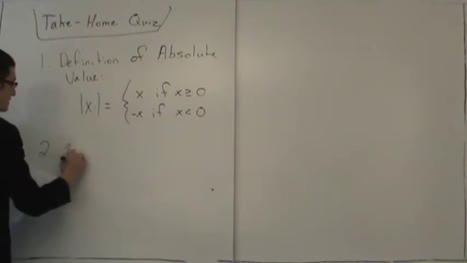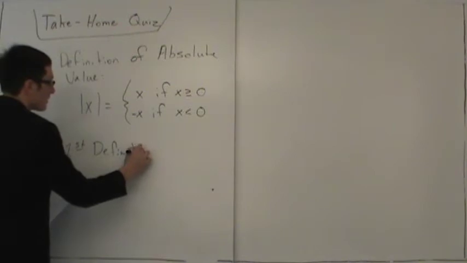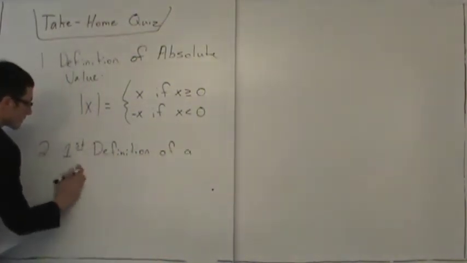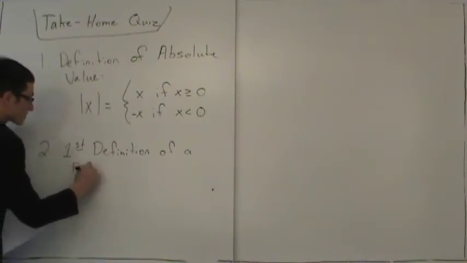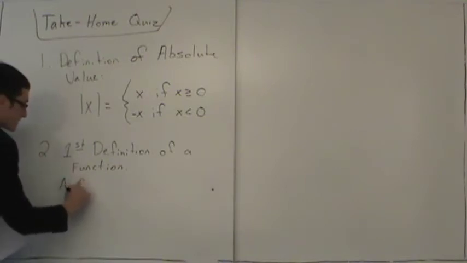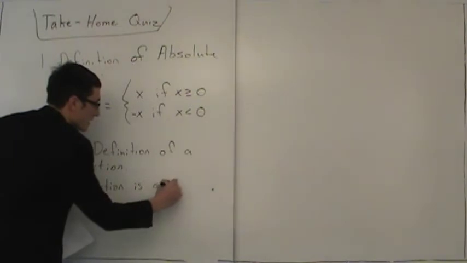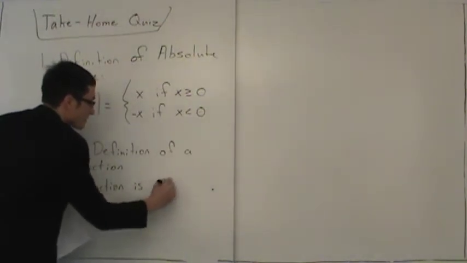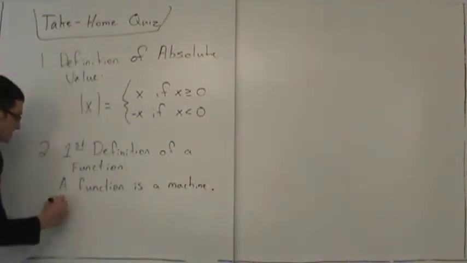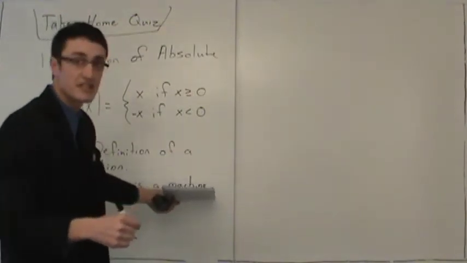Number 2, definition of a function. First, what is a function? A function is a machine. We're going to change that soon. This upcoming week, we're going to change this word machine to a set of ordered pairs.